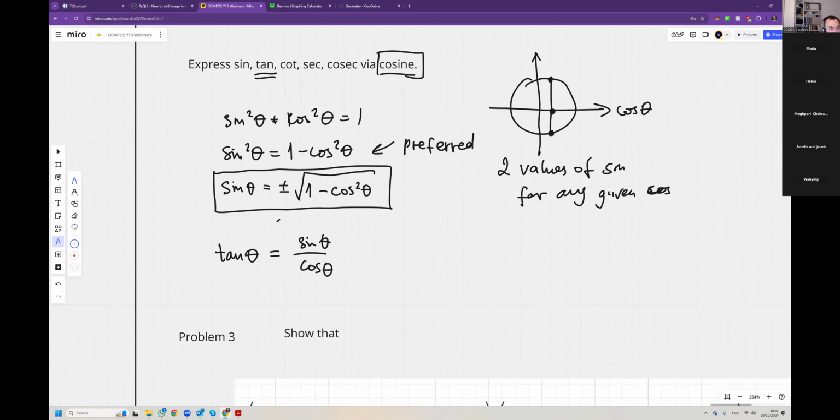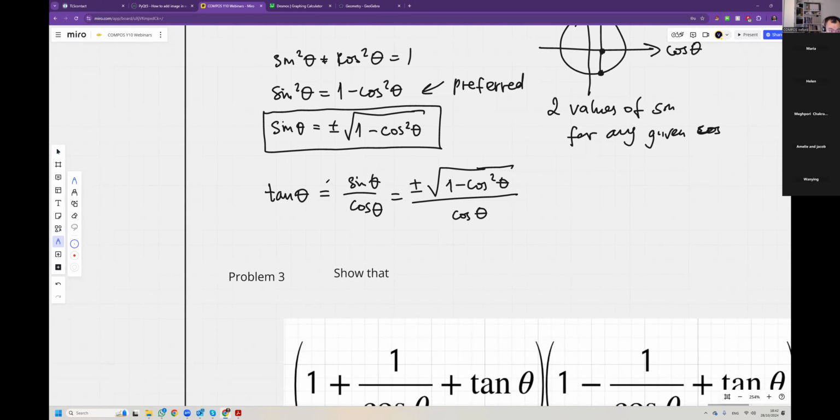We already know how to express sine, so it's equal to plus or minus square root of 1 minus cos squared theta divided by cos theta. This formula becomes actually more beautiful when you express tan squared.